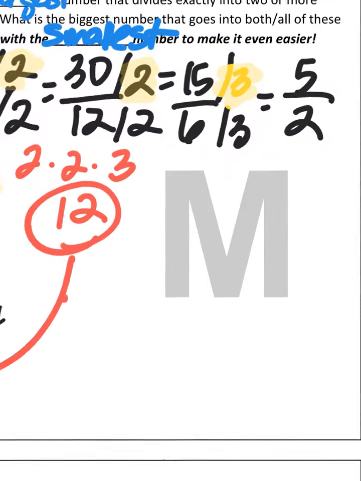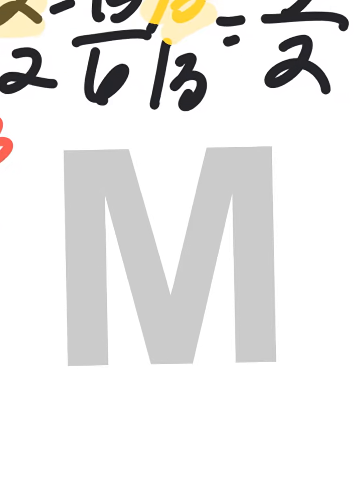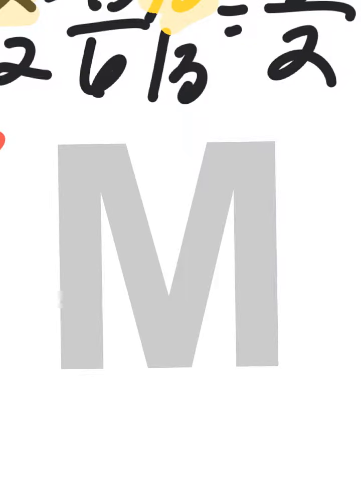Okay, so let's go to our multiples now. So say I want you to find the lowest common multiple of 9 and 4. LCM of 9 and 4. Okay, again, when we're working with this, we're not always going to worry about the lowest, so let's just worry with the common multiples, okay?